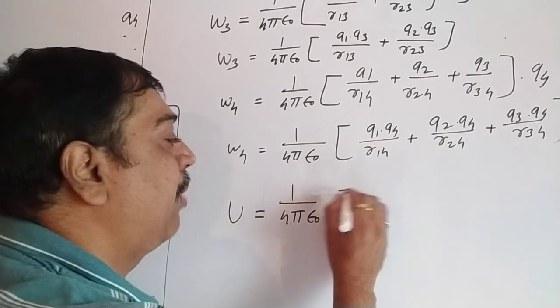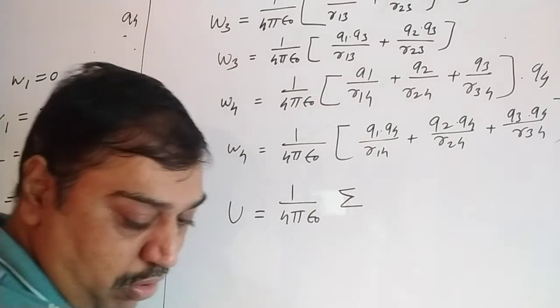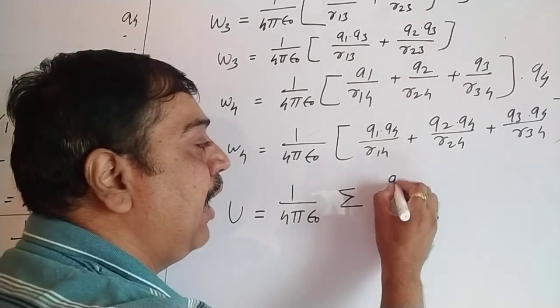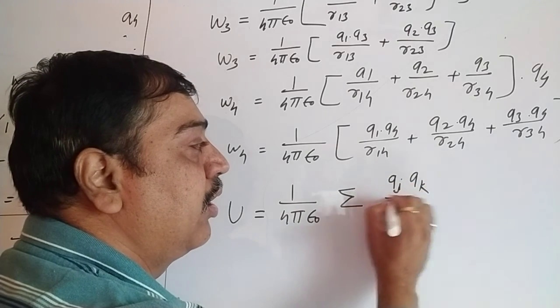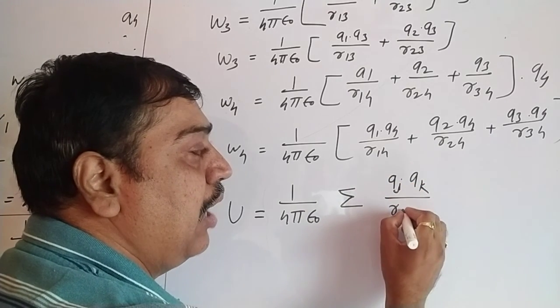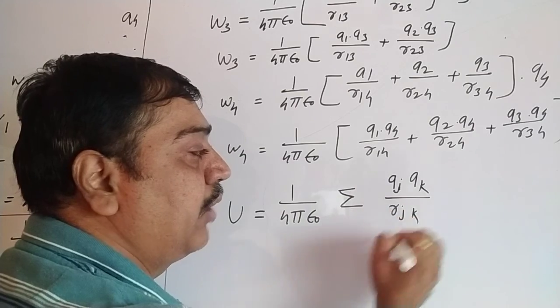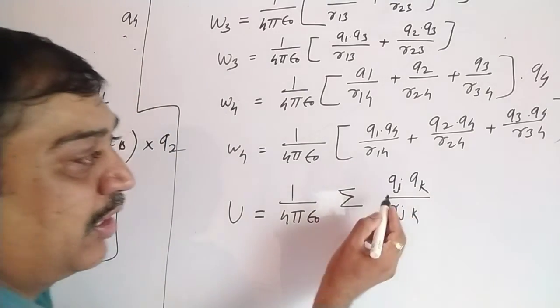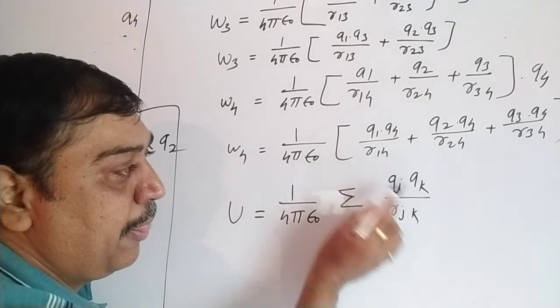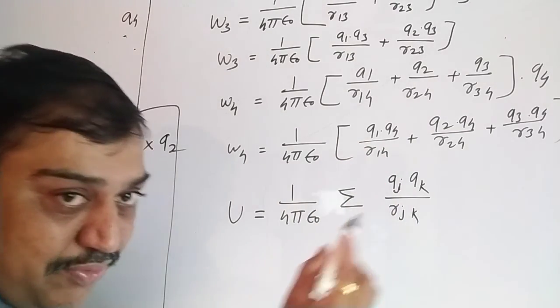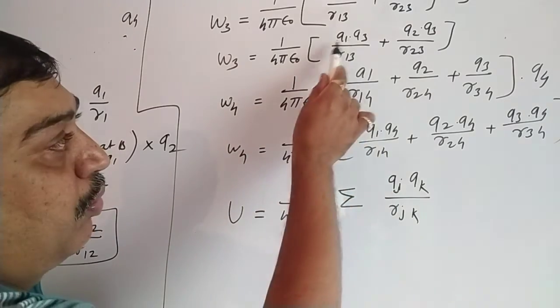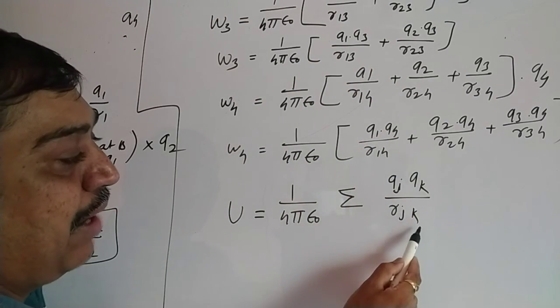1 divided by 4 pi epsilon 0 summation of qj qk divided by rjk. So here suppose j equal to 1, k equal to 4, q1 q4 divided by r14. In this fashion, q1 q3 divided by r13, and so on.